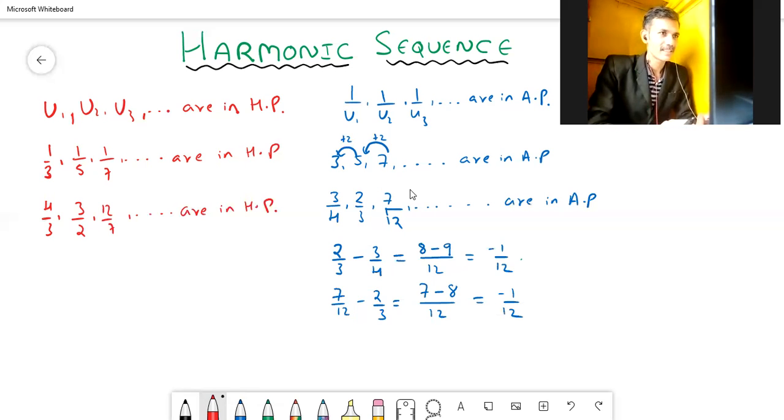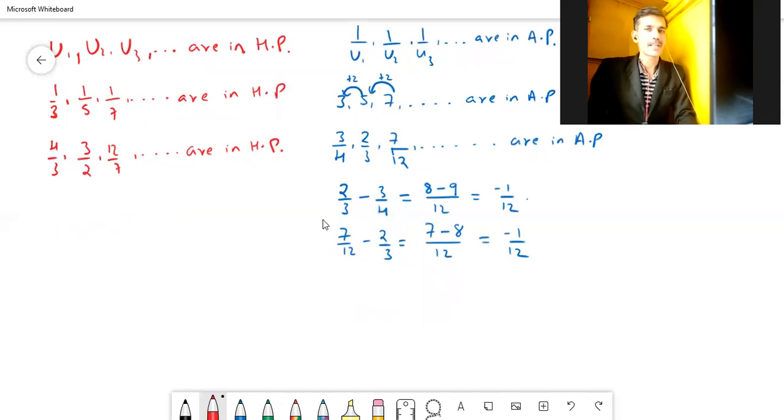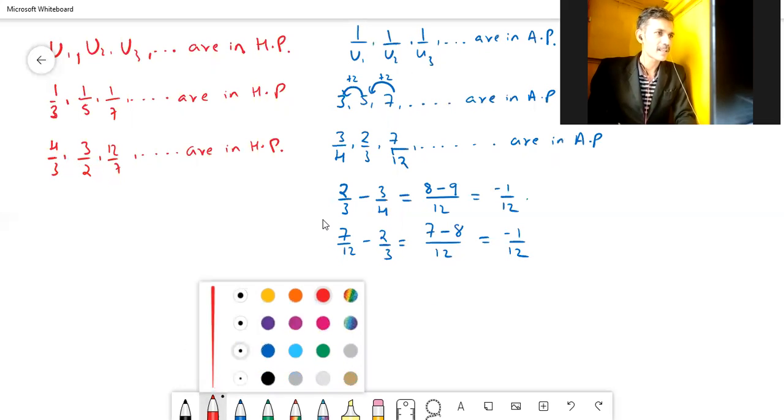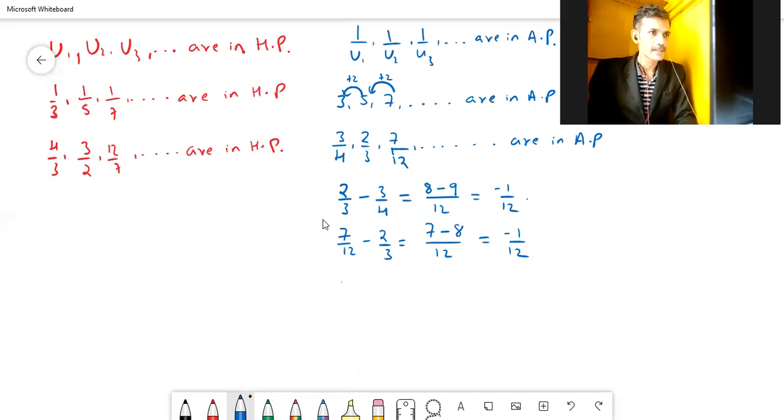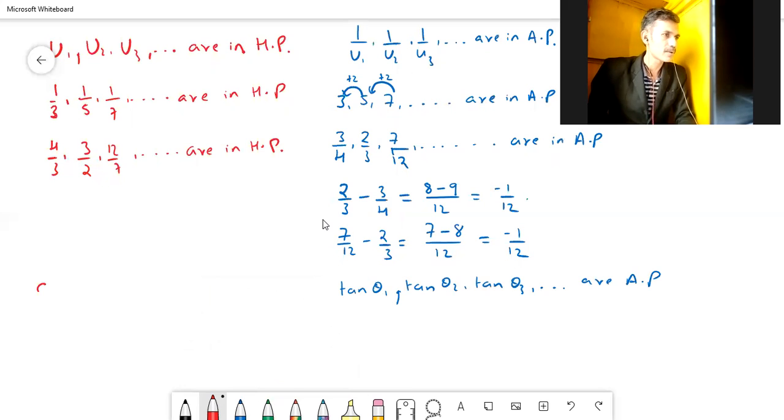Okay. Similarly, we can take some more examples. If tan theta 1, tan theta 2, and tan theta 3 are in arithmetic progression, then what can you say about cot theta 1, cot theta 2, cot theta 3?